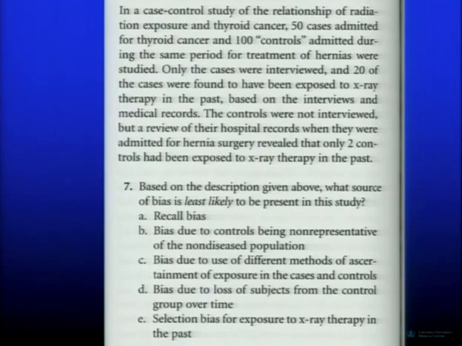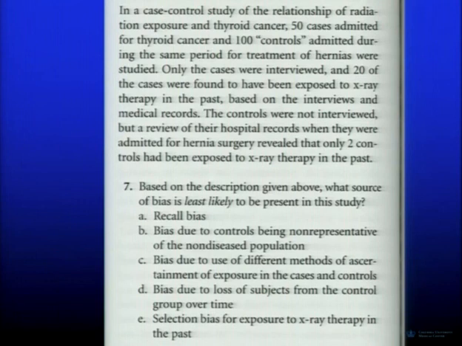All right, so here we have a case control study of the relationship of radiation exposure and thyroid cancer. 50 cases admitted for thyroid cancer and 100 controls admitted during the same period for hernias were studied. Only the cases were interviewed, and 20 of them were found to have been exposed to X-ray therapy in the past based on interviews and medical records.